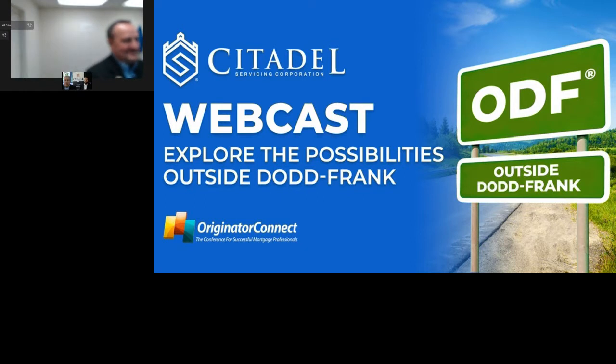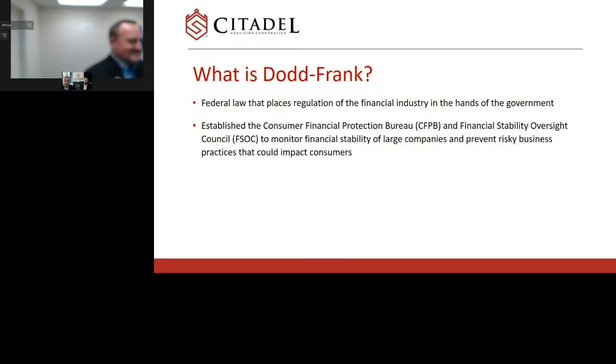Outside Dodd-Frank. Let's talk about Dodd-Frank for a moment here. We all know why it exists. Probably many of you were part of the mortgage industry back in the early 2000s, 2008, 2009, and you saw what happens. Bottom line is, I'm not going to spend a ton of time on this, but it's there for protections.